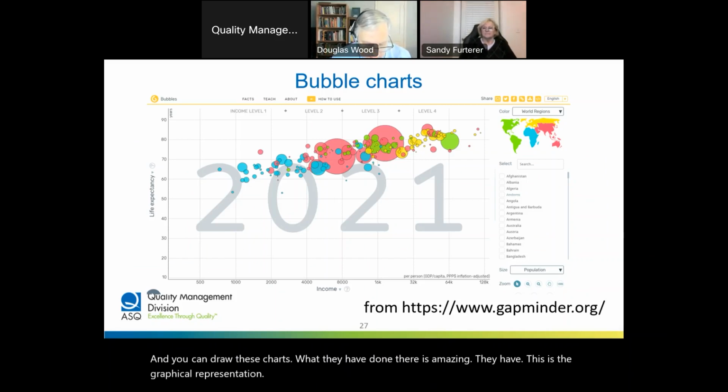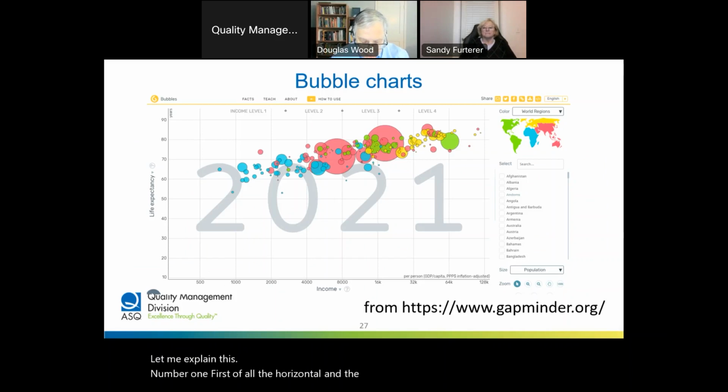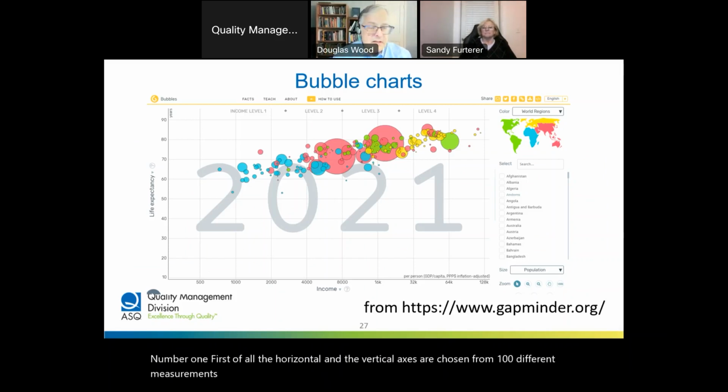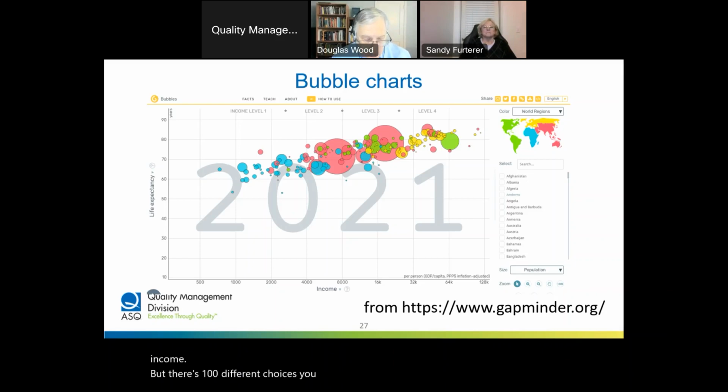Let me explain this. Number one, first of all, the horizontal and the vertical axes are chosen from 100 different measurements. You see, this one talks about life expectancy, and it's plotting it against income. But there's 100 different choices you can make there. Now, the population size is the size of the bubble, the balloon size. Okay. The year is determined by a slider across the bottom that you can't see here.